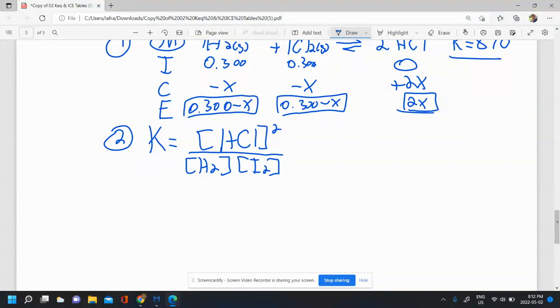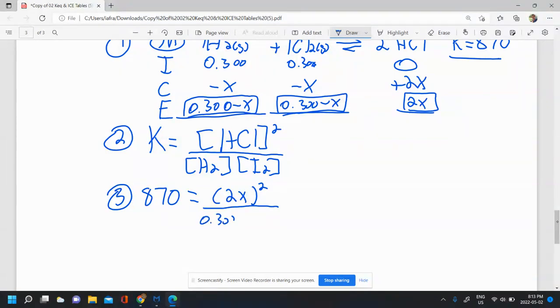We have K, and we have these expressions that we can plug into our K expression. So 870 is equal to 2x squared over 0.300 minus x, that's the H2, times 0.300 minus x, that's the Cl2.